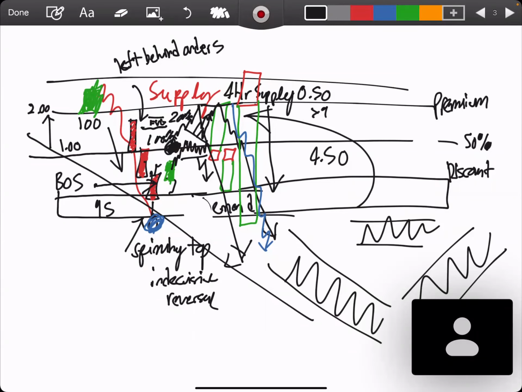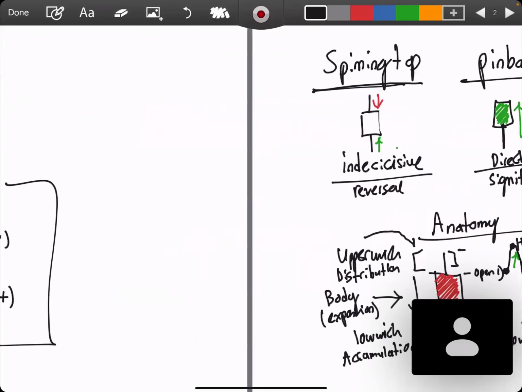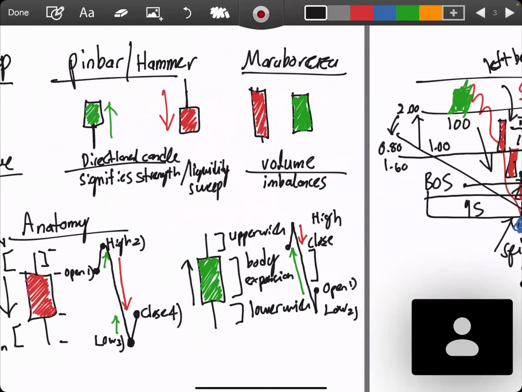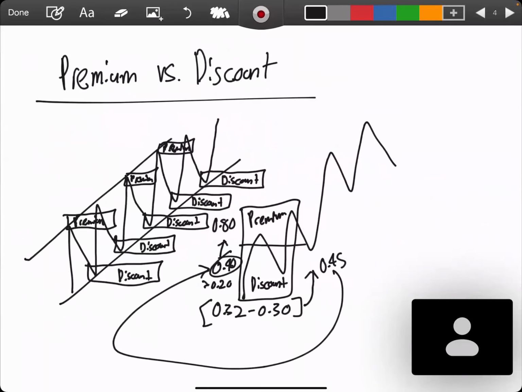Because that's a quick scalp. But as soon as price tapped into supply, this 2.0 would have turned into like 0.8 or like 1.6 very, very fast.